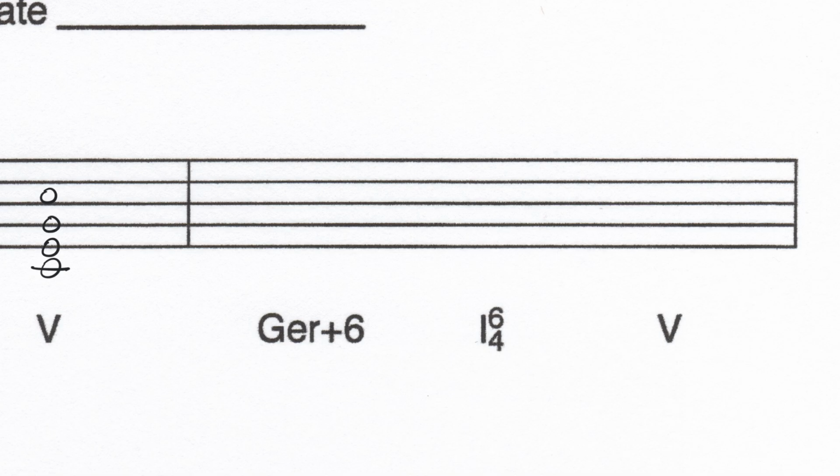As we start to look at the German augmented sixth chord, we do the same thing. Let me put a reminder here that we are in the key of F major. We start at the far right and we put our octave C's. We know we need a C, E, G chord there eventually.